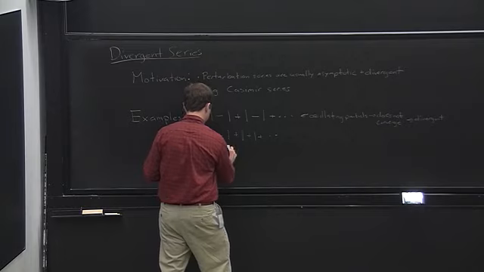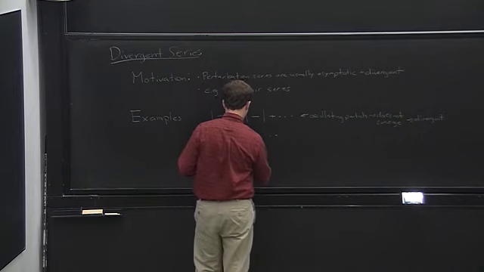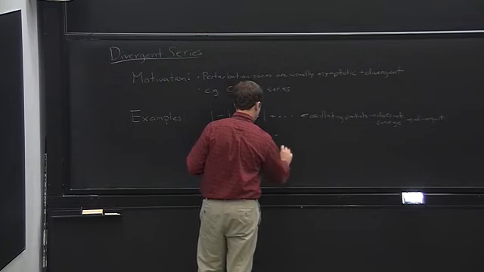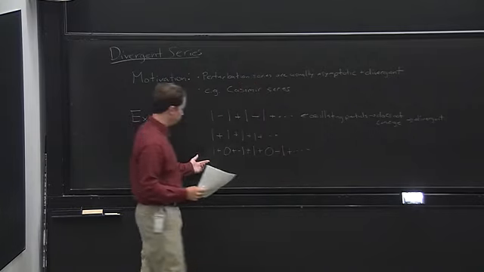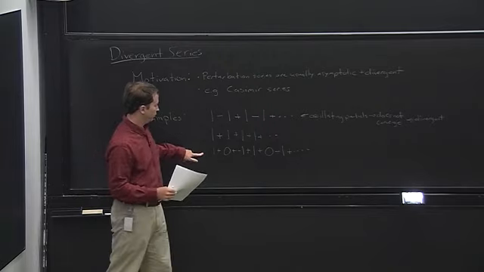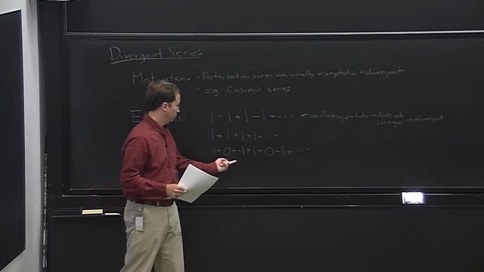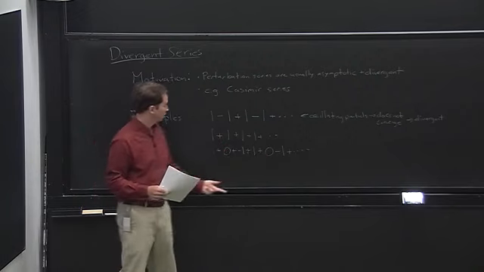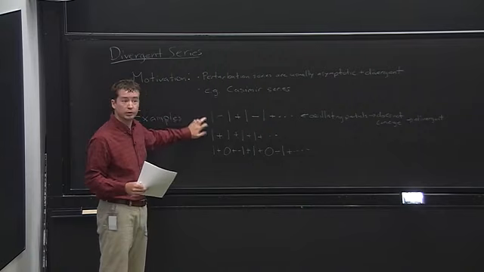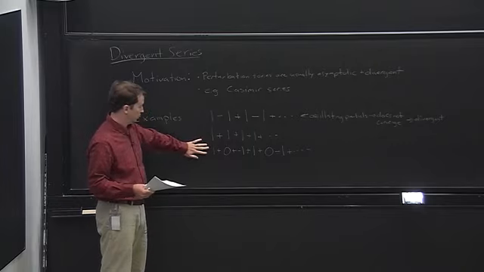Another example is this series. All I've done is take Grandi's series and add a 0 in between the positive and negative 1. You might think there's a close relation between these two, but as we'll see in a moment, we need to be careful.